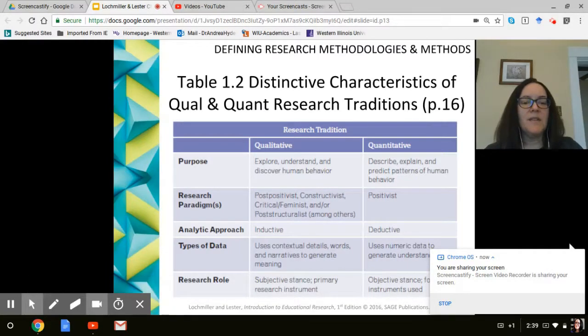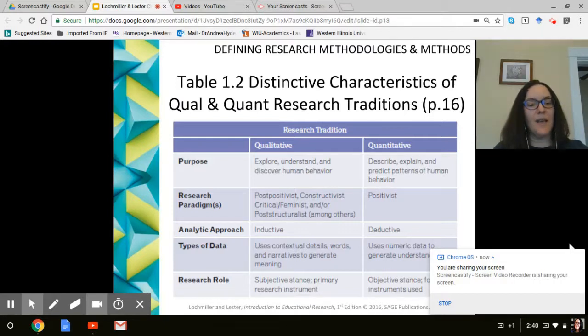And on page 16 of your text, you have a few characteristics of qualitative and quantitative research traditions, just divided by their purpose, the research paradigms that they might use, analytic approach, types of data, and researcher role. And so here you see these authors are trying to simplify things for you.